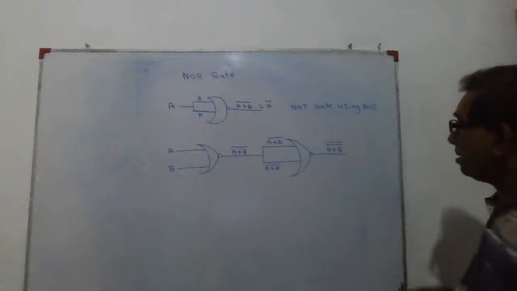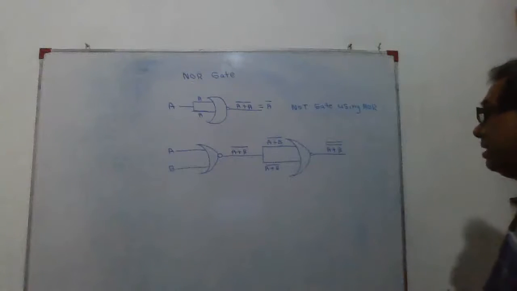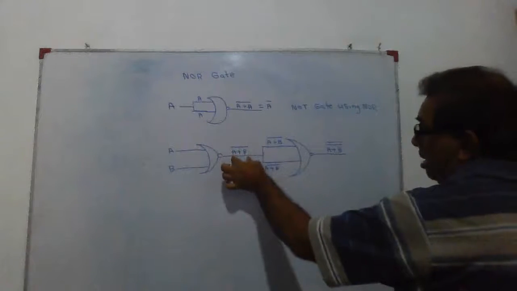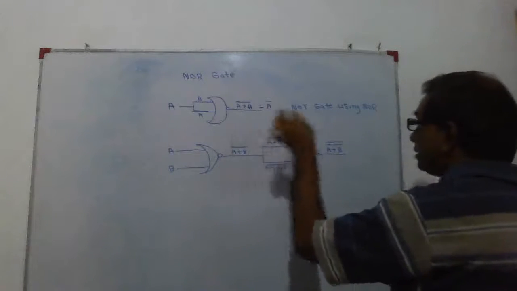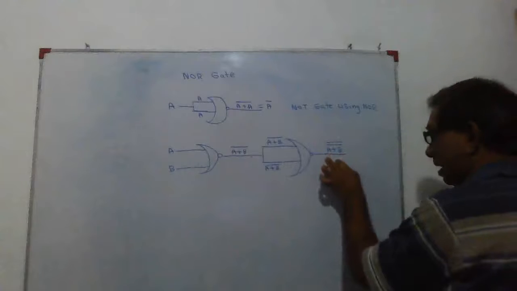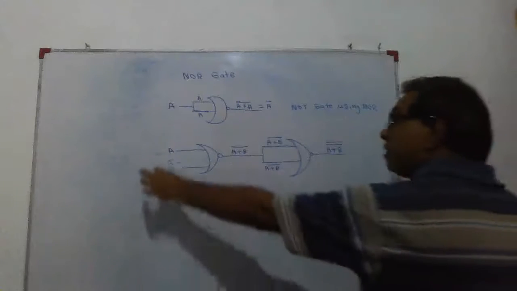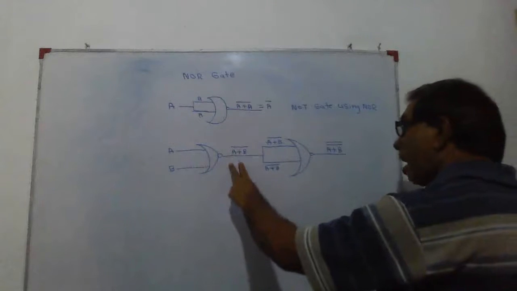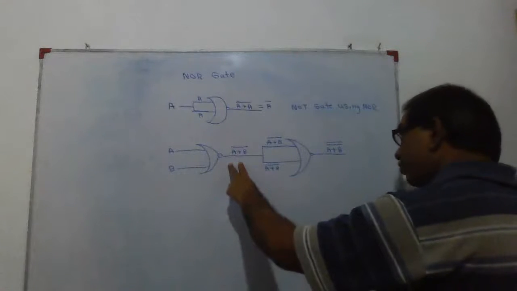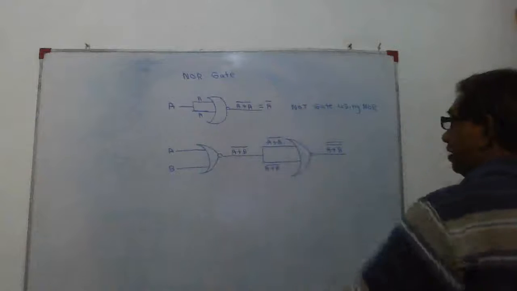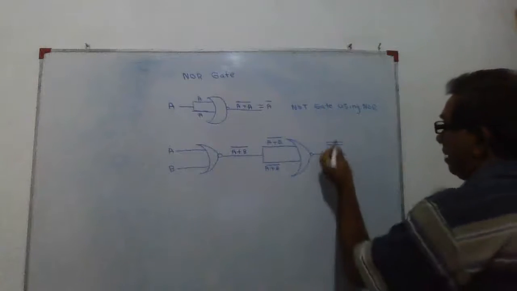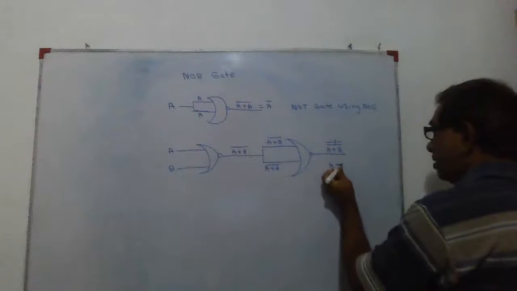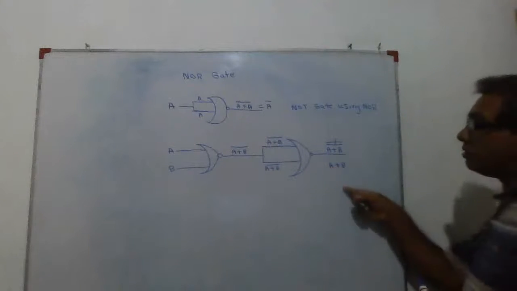So you can see A NOR B bar here. This is the opposite of A NOR B bar. So if you input A and B, then you take A NOR B bar. If you get the opposite of A NOR B bar, what may happen? You can cut these two, then it will become A OR B. This is all it.